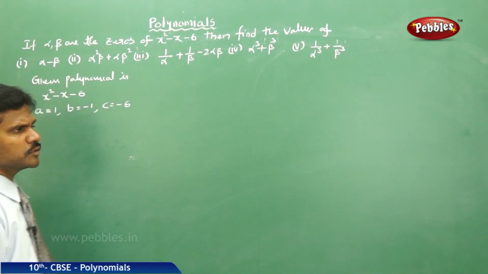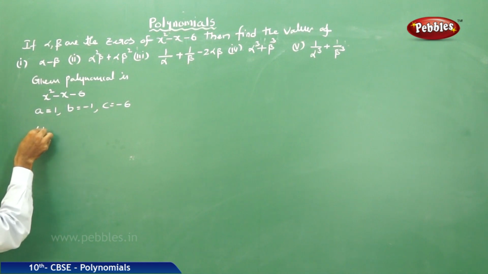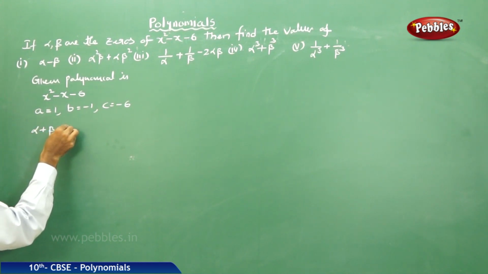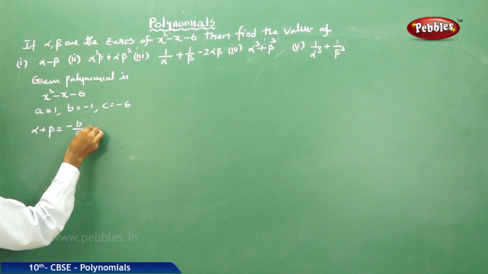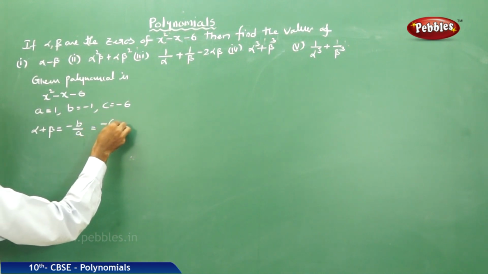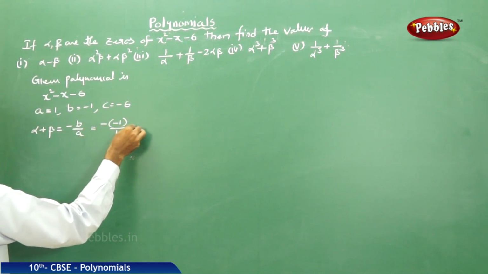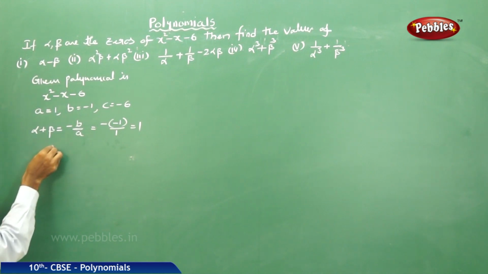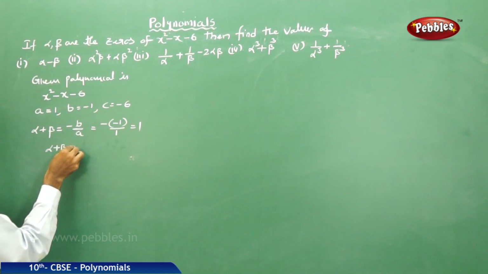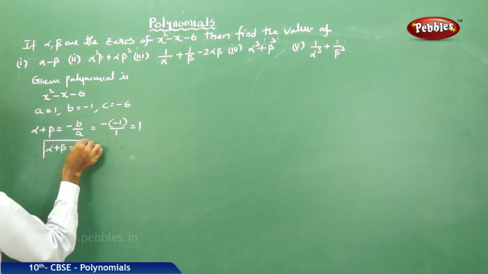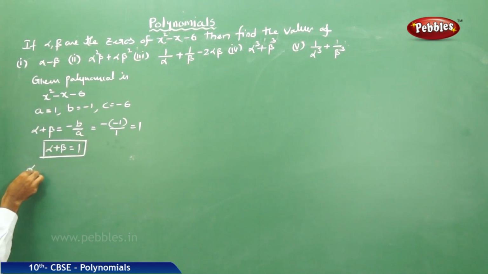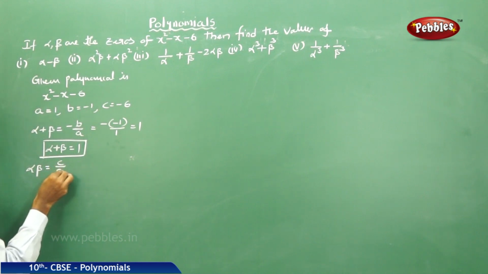Then find the value of alpha plus beta. Alpha plus beta is equal to minus b by a, that is equal to minus of minus 1 by 1, that is equal to 1. That is, alpha plus beta is equal to 1. Next, alpha beta is equal to the formula c by a.